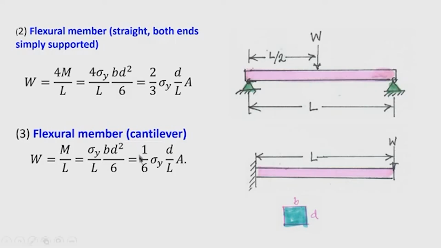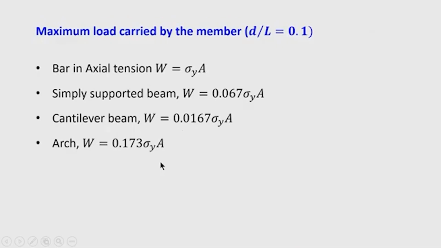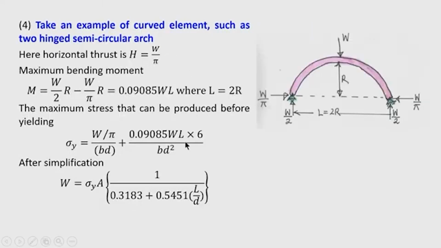So, we get 1 by 6 into 0.1, that means 0.0167 sigma y A. And in case of the arch, after substituting D by L as 0.1, L by D is 10.